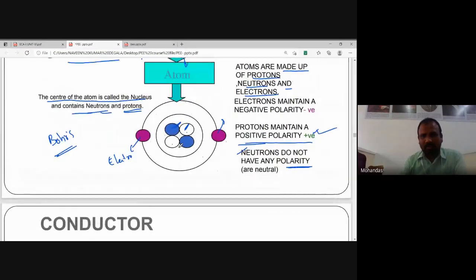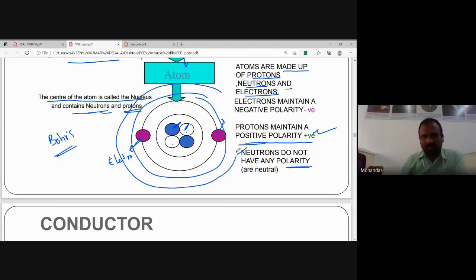Now see here, what I'm trying to say is that the electrons revolve around the nucleus in different orbits, based on the element. There will be some number of shells.